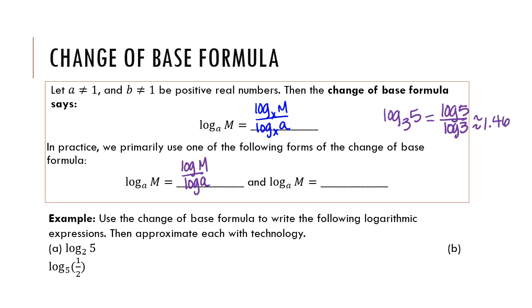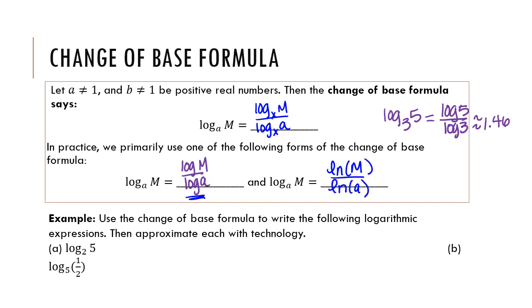The other button that's in our calculators is the natural logarithm button. So the other way that you're going to see it usually used is either as the log base 10 or the natural log. You're more than welcome to choose whichever one you want. You'll get the same answer every time.